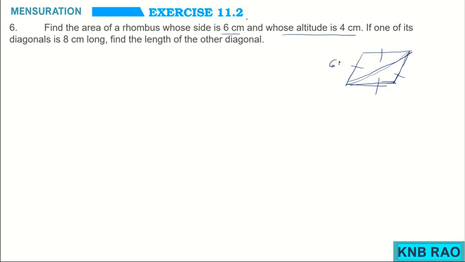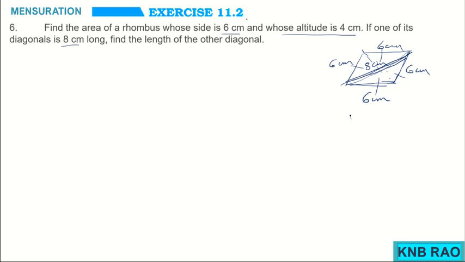Here 6 centimeter is the length of each side of that rhombus, and one of the diagonals is known to us. One of the diagonals is 8 centimeter. Okay, let's say this is the 8 centimeter diagonal, and we don't know the other diagonal.